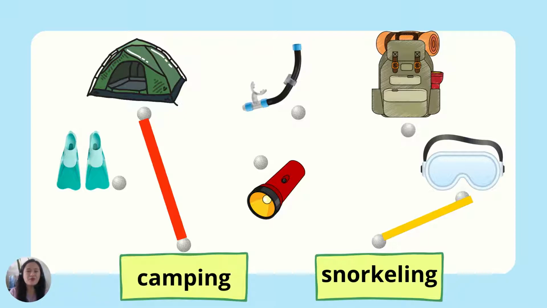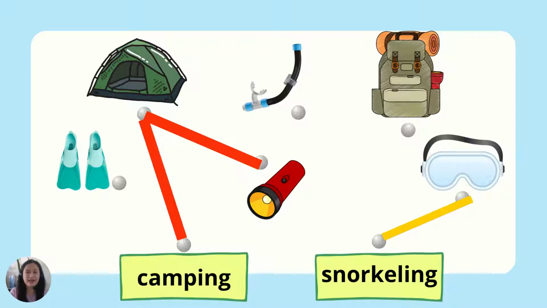Now let's go back with the word camping. Can you think of another image related with this? If your answer is flashlight, then you got it correct. What is another image that represents snorkeling?